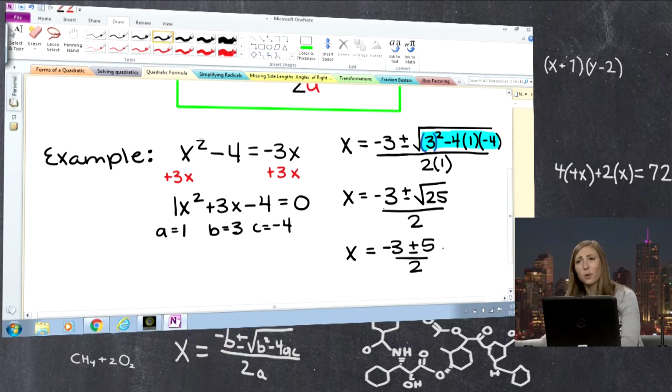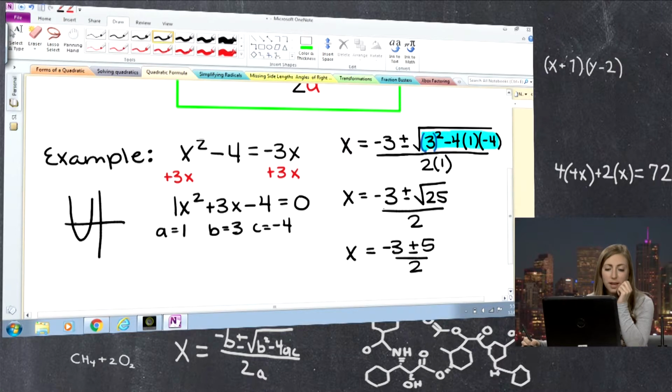And then here's where we're going to bust into two solutions. We know that most times, and I'll just draw a quick sketch, most parabolas have 2 x-intercepts or 2 solutions. Not always, because you can have some different cases where you only have 1 x-intercept, or you can even get into a situation where you have no x-intercepts like that.